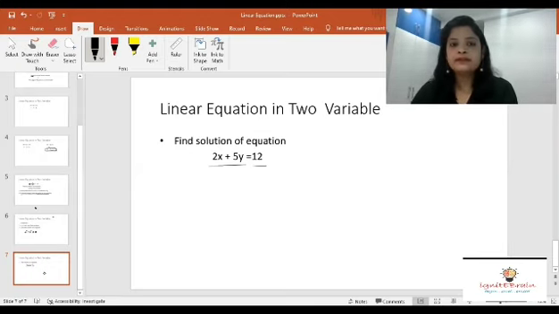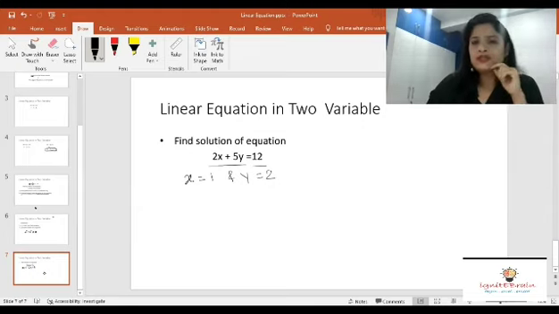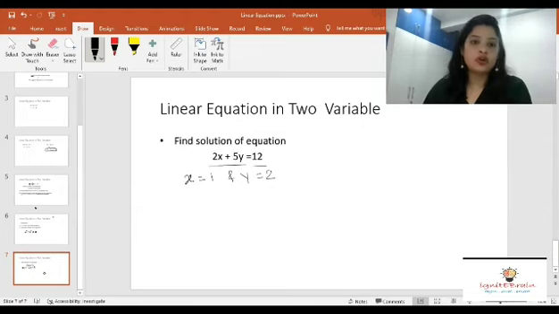Now let's put x equal to 1 and y equal to 2, and try whether this is the solution or not.